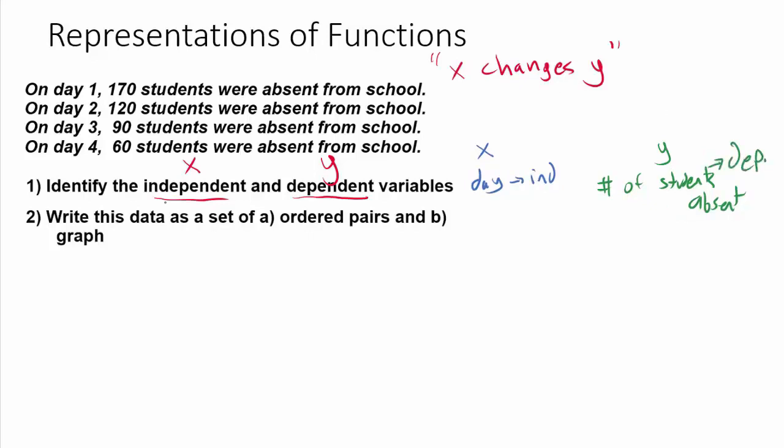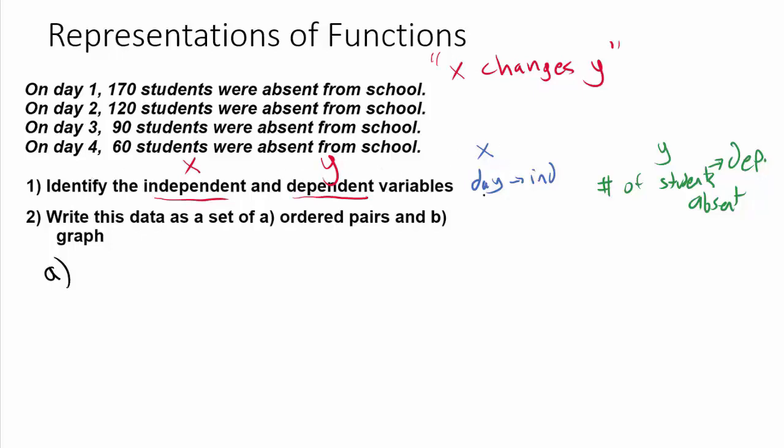Now, if we're writing this data in a few of these multiple representations, we'll start with ordered pairs. To write this as a set of ordered pairs, what we first need to recognize is they could have told us this in any order. They could have said there were 170 students absent on day 1, but it's important for us to make sure we put this in the right order.